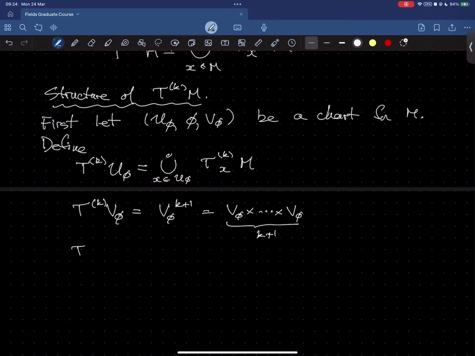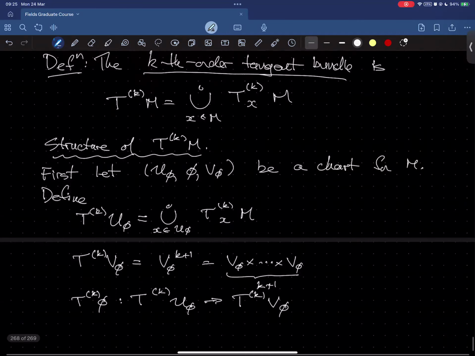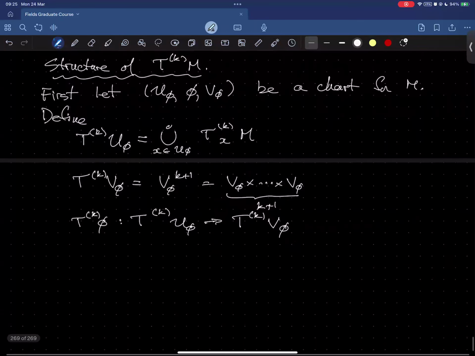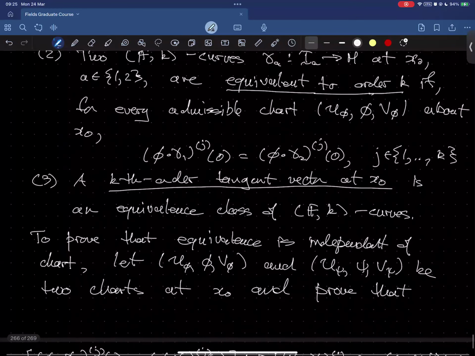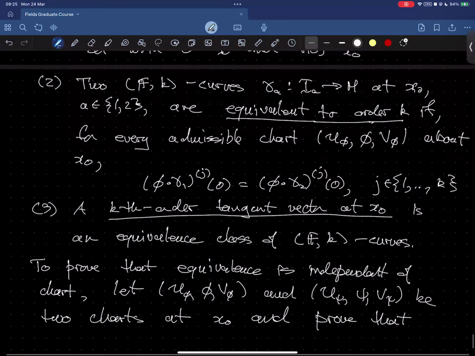And then we're going to define T^k phi to be a mapping from T^k U_phi into T^k V_phi. Sorry, I should have mentioned up here the notation I'm going to use for equivalence classes.